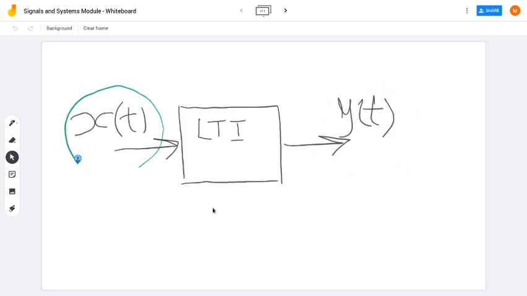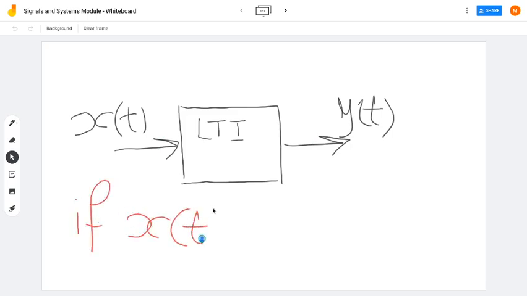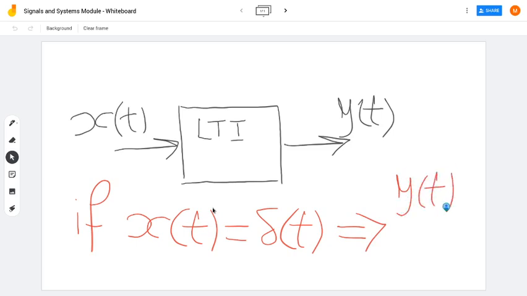In other words, if we set x of t to be equal to delta of t, an impulse located at 0, in this case the output y of t will be equal to the impulse response, which we call h of t.